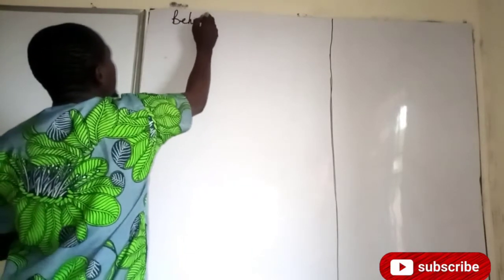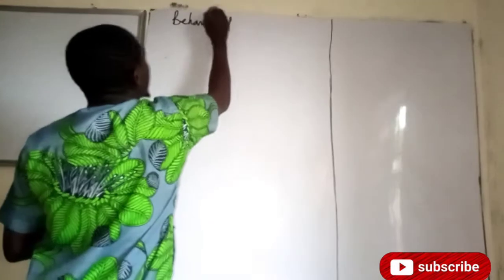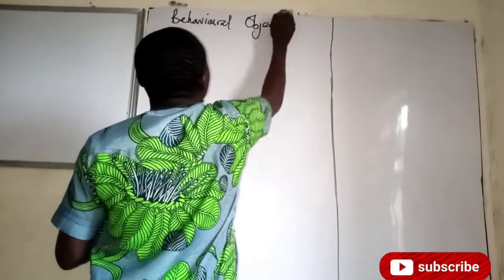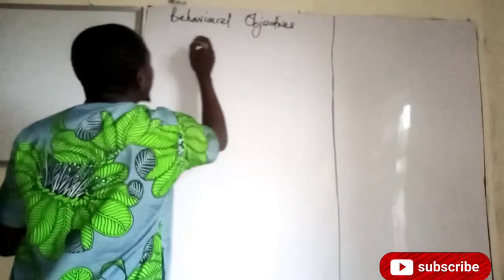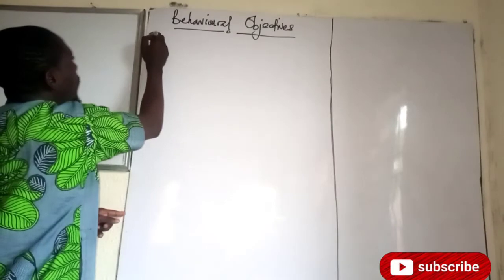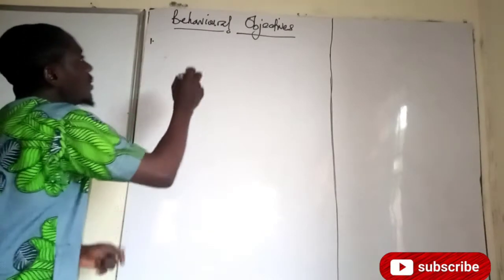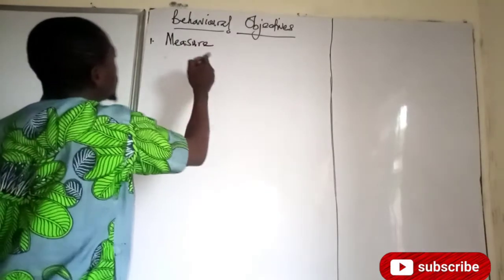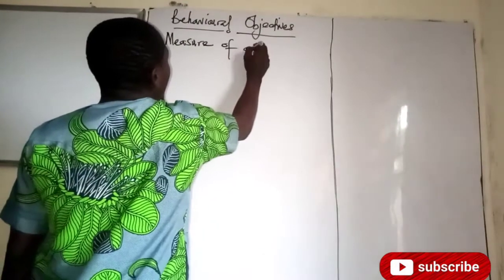Behavioral objectives. We'll be discussing, one, measure. At the end of this class, we should be able to know the measure of angles.